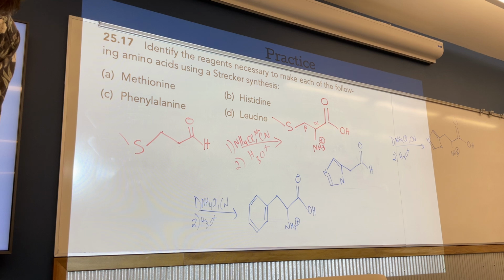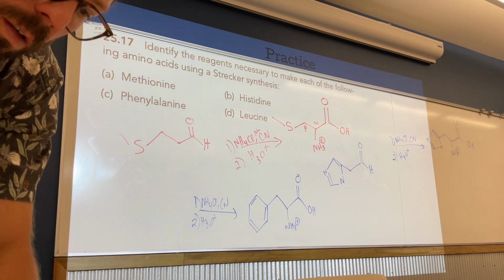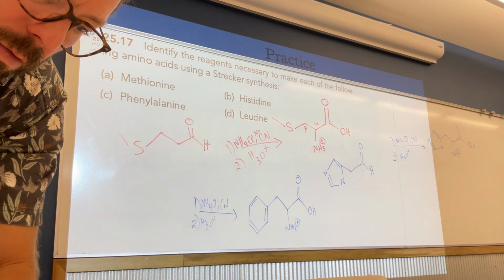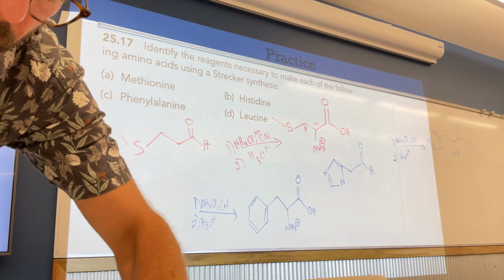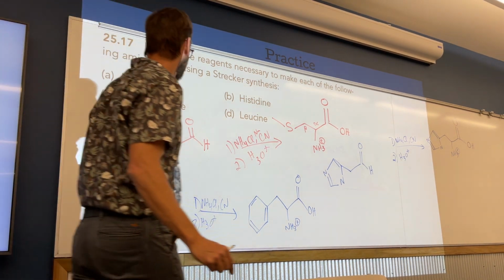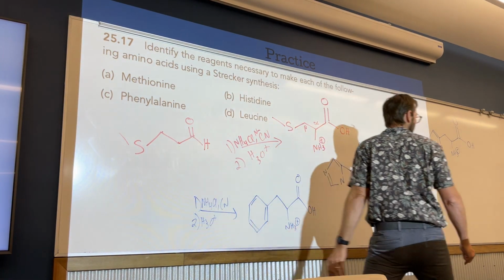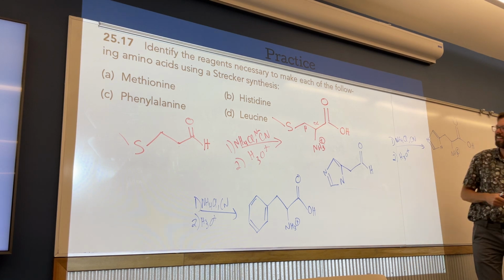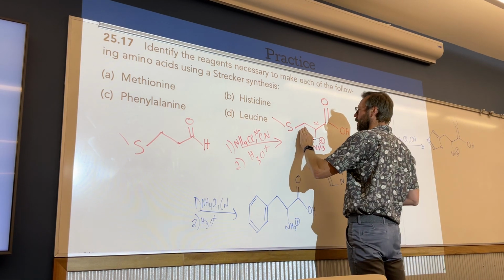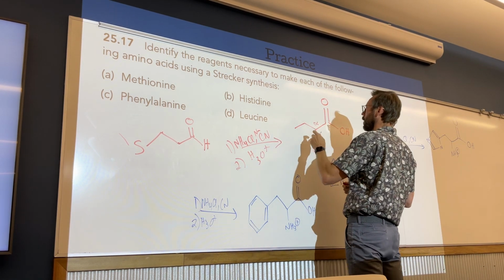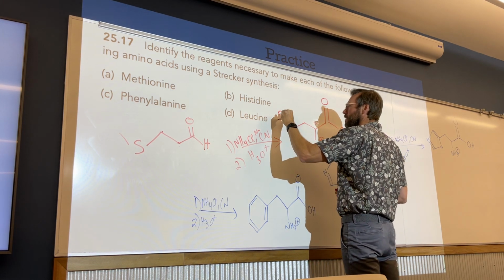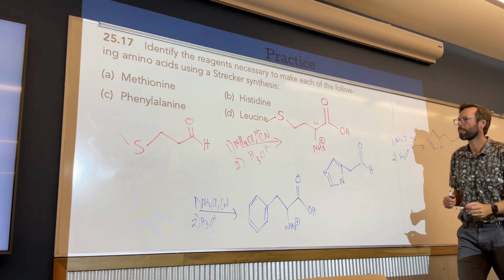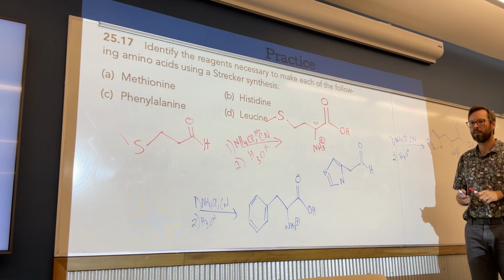We don't have enough carbons on that methionine. So there's the alpha carbon, 1, 2, 3, and then sulfur. Oh, okay, so that one's right. Here, 1, 2, 3, then S. There we go.